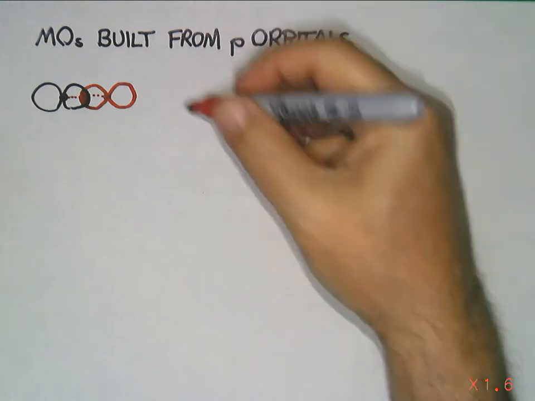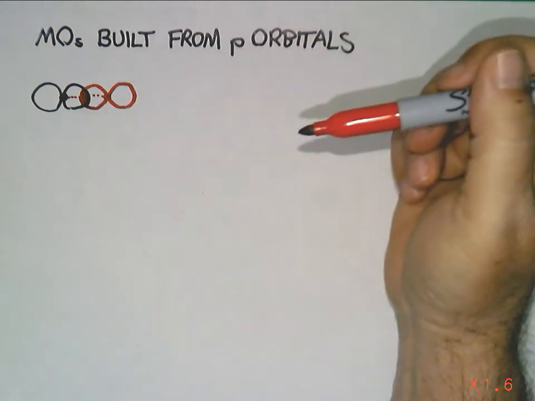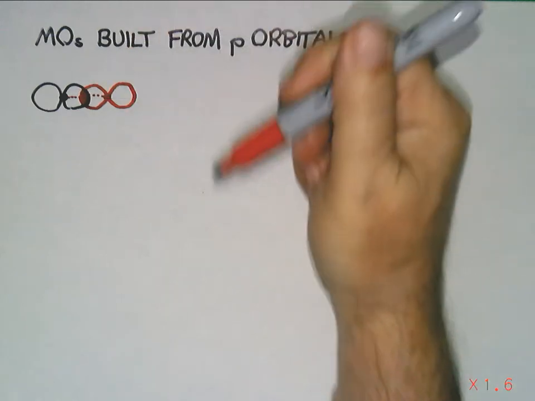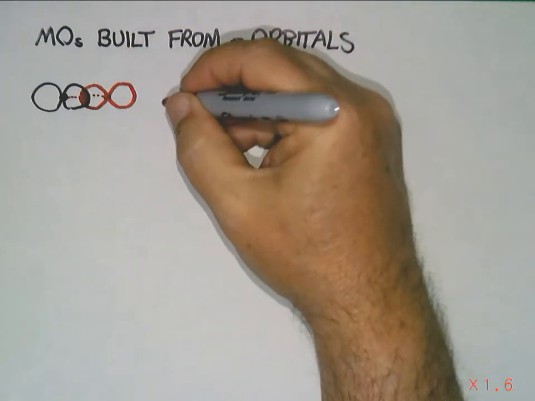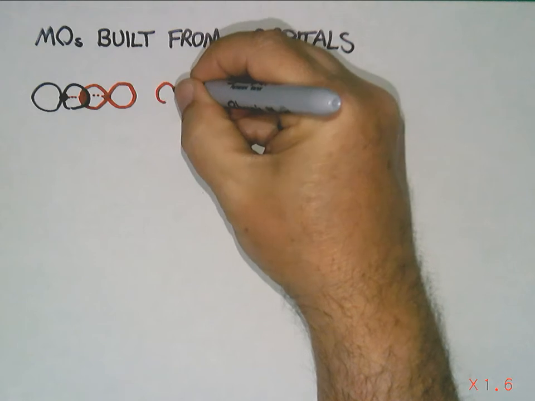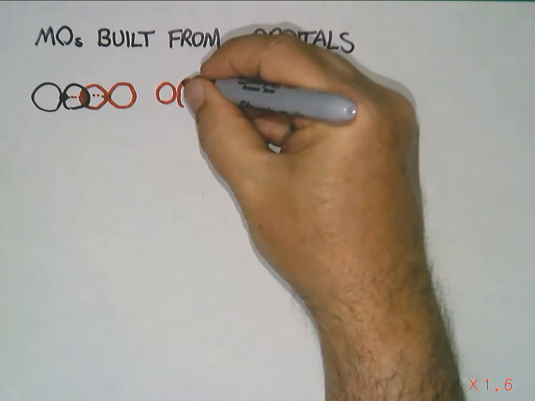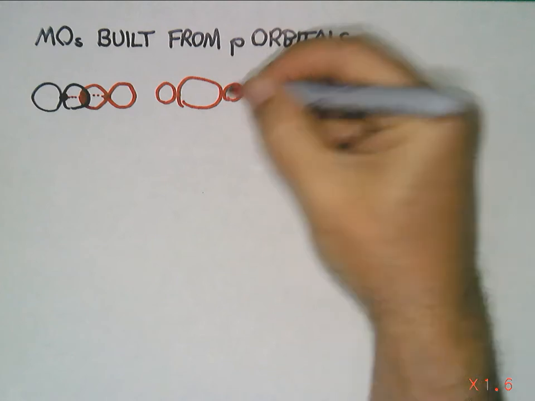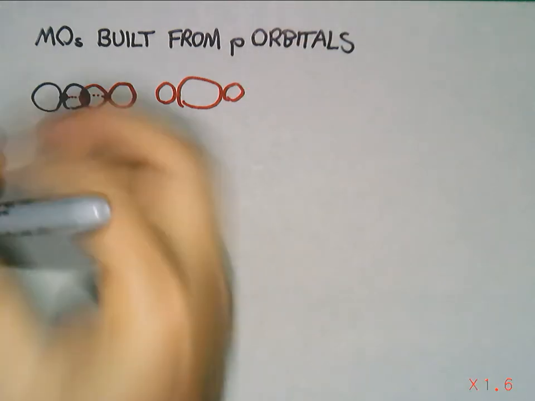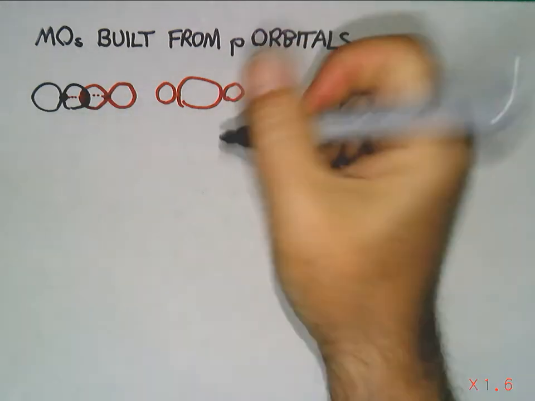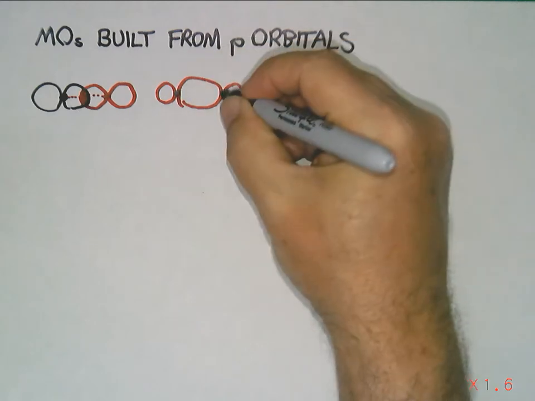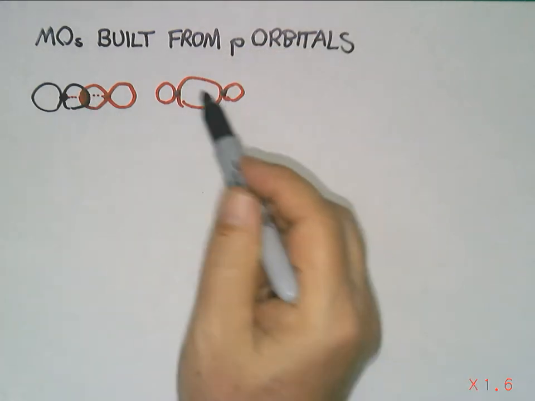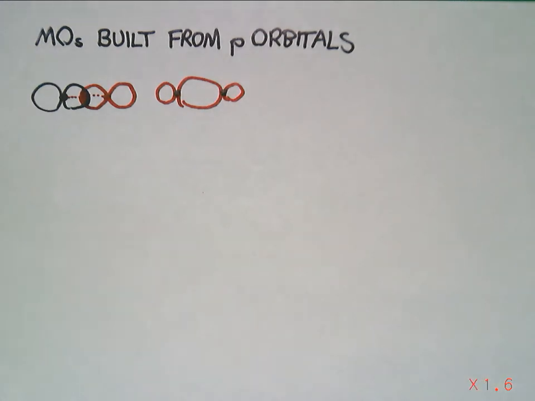nuclei. In the molecular orbital theory, we don't look at the overlap. We look at the interference of these things. If you drew the orbital that you would get, here are the two nuclei. What's happening is that these two electron clouds are interfering constructively, and they make an electron cloud there.